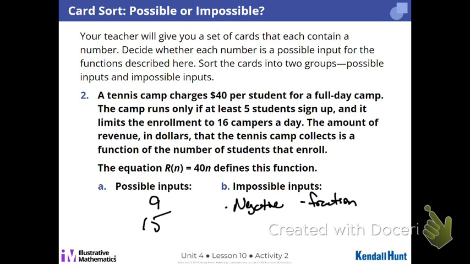So negative, fractions, decimals. For the input, anything less than 5 doesn't work, and anything more than 16 doesn't work.